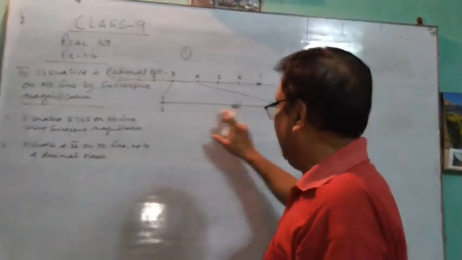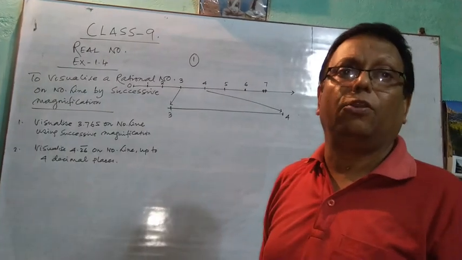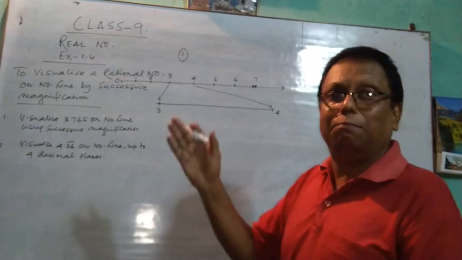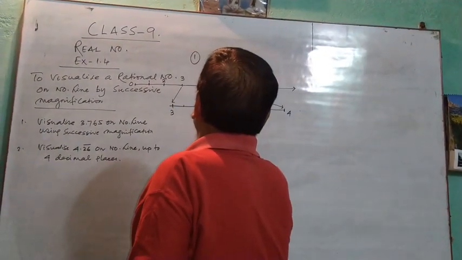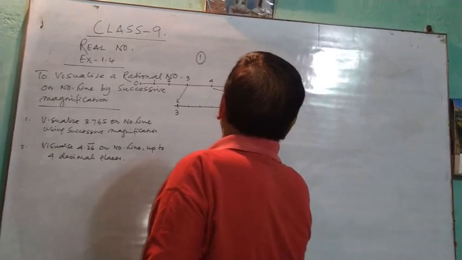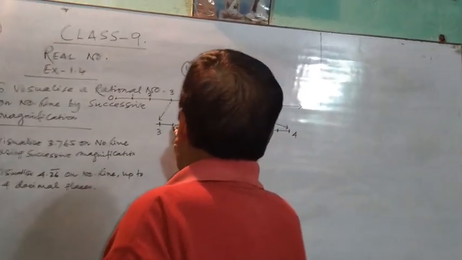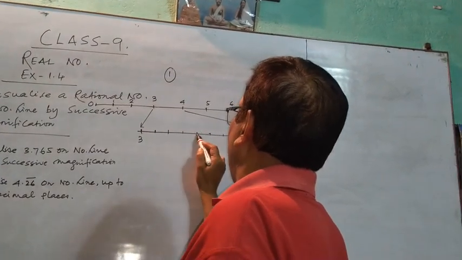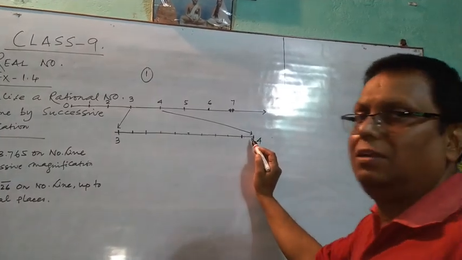Now we will divide this 3 to 4 into 10 equal parts by drawing 9 equal cuts. 1, 2, 3, 4, 5, 6, 7, 8, 9. So we have divided it into 1, 2, 3, 4, 5, 6, 7, 8, 9 and 10 parts.